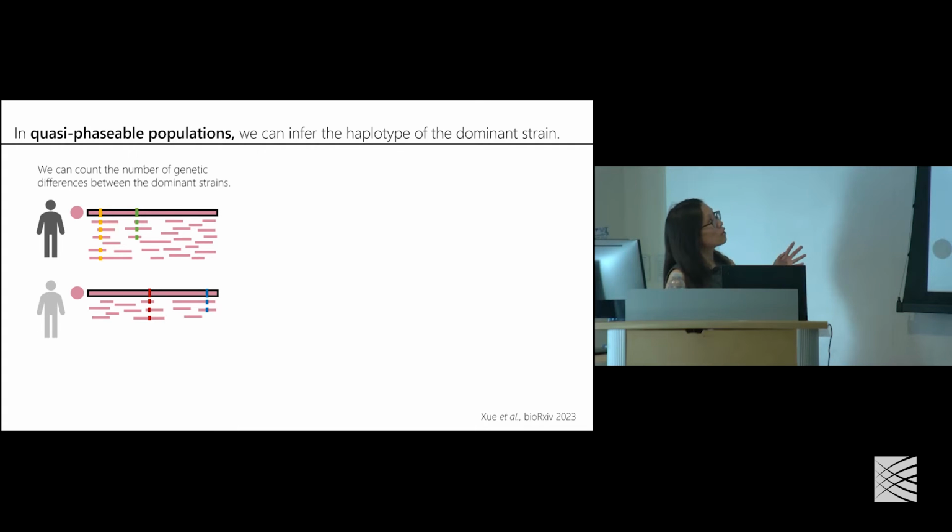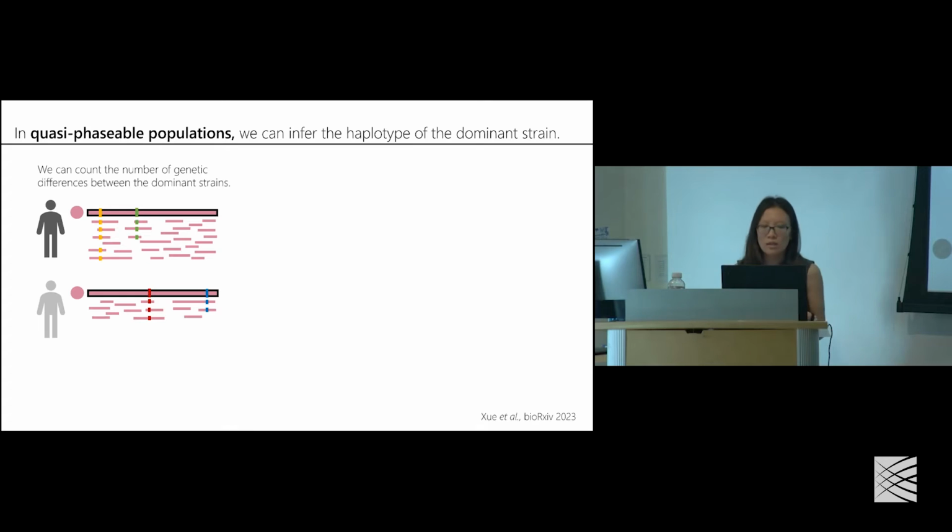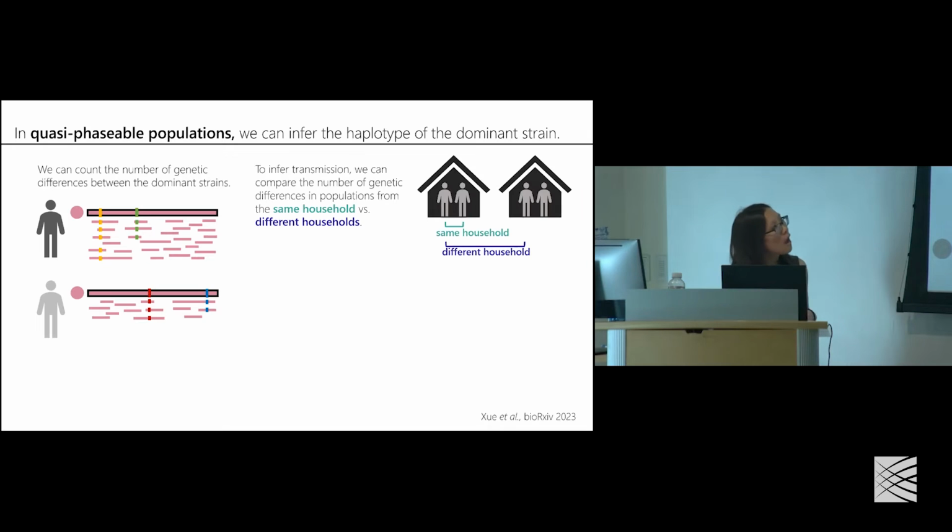So now one thing that we can do is count the number of genetic differences between the dominant strains, and that can tell us how diverged the dominant strains are. In this cartoon example, there would be 4 differences between these 2 strains. Next, we need to make sense of this number of genetic differences. Is 4 a lot or a little? It's hard to say.